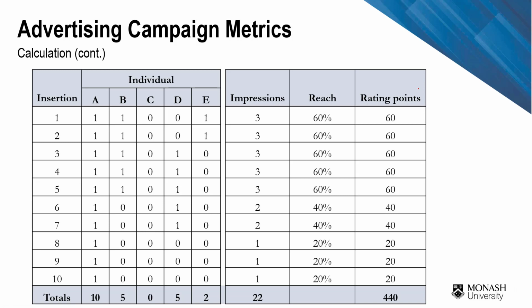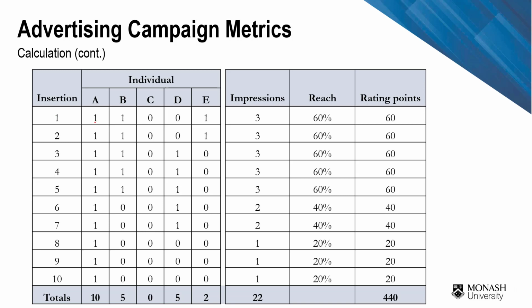All right, so in here, there's also another way to calculate the GRP or gross rating points, by insertion. So we can see here that there are 10 insertions as we know, and we are going to break this down into insertions. So we're going to first focus on the first insertion.